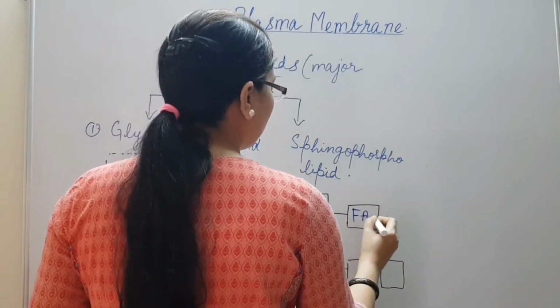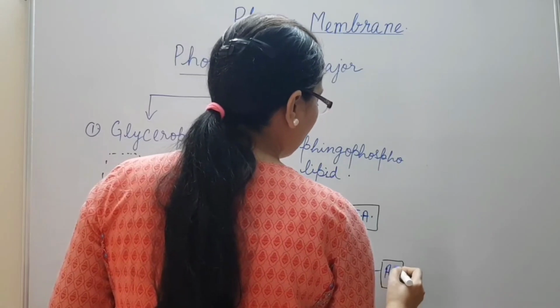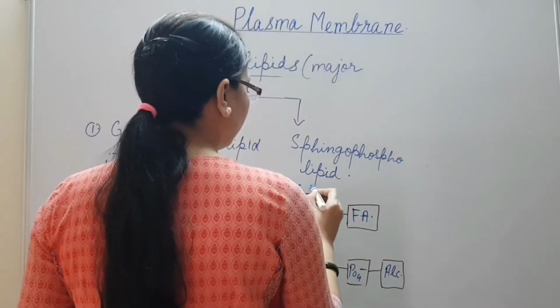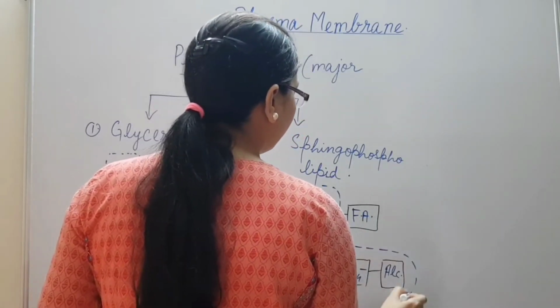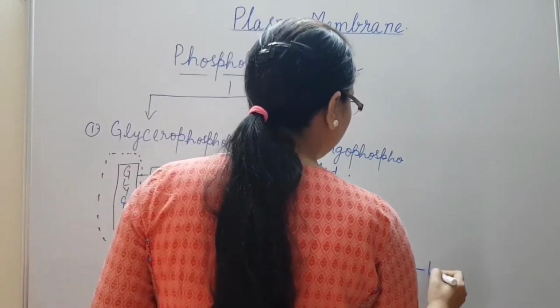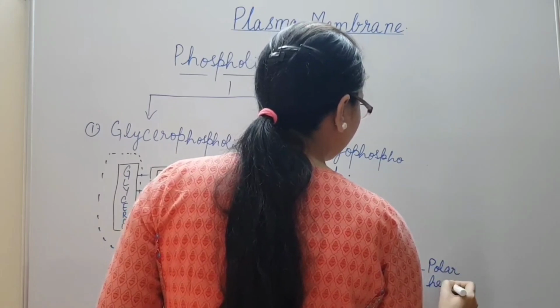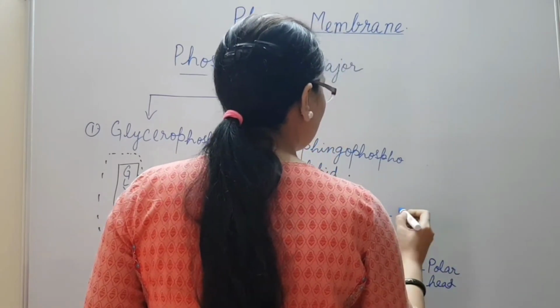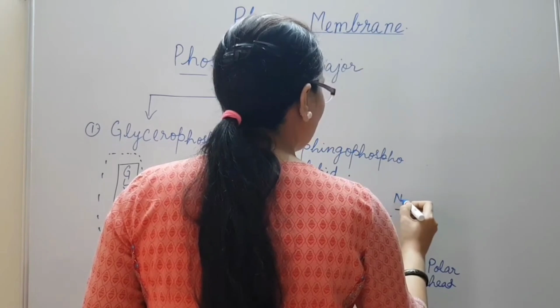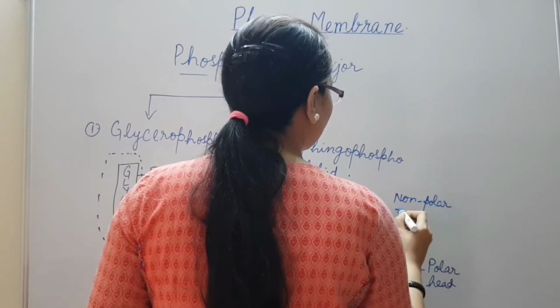This is fatty acid, phosphate and alcohol. Here this forms the polar head, and this is non-polar tail.